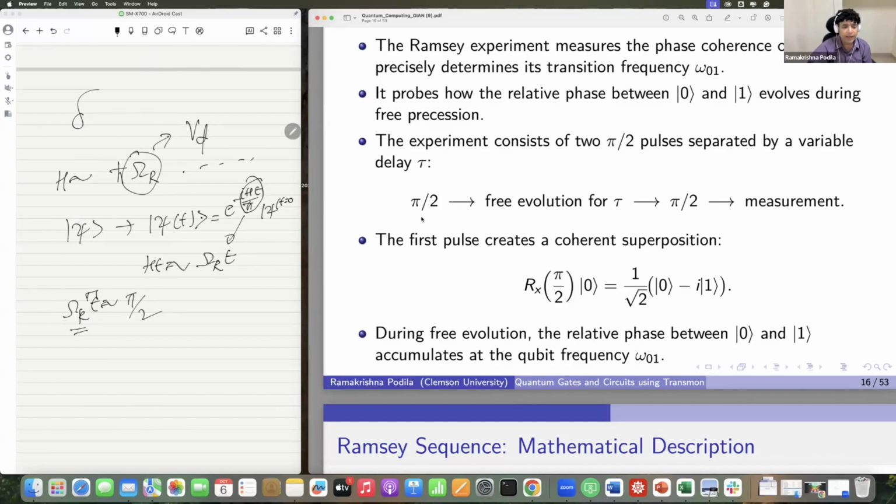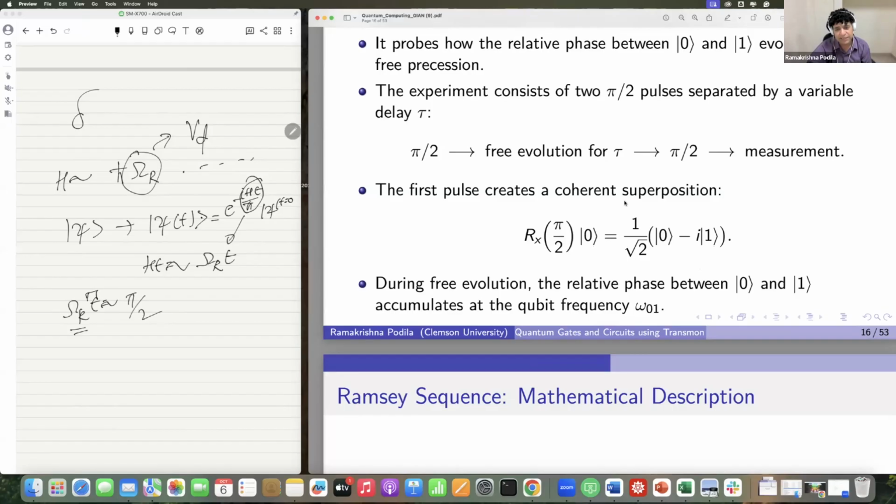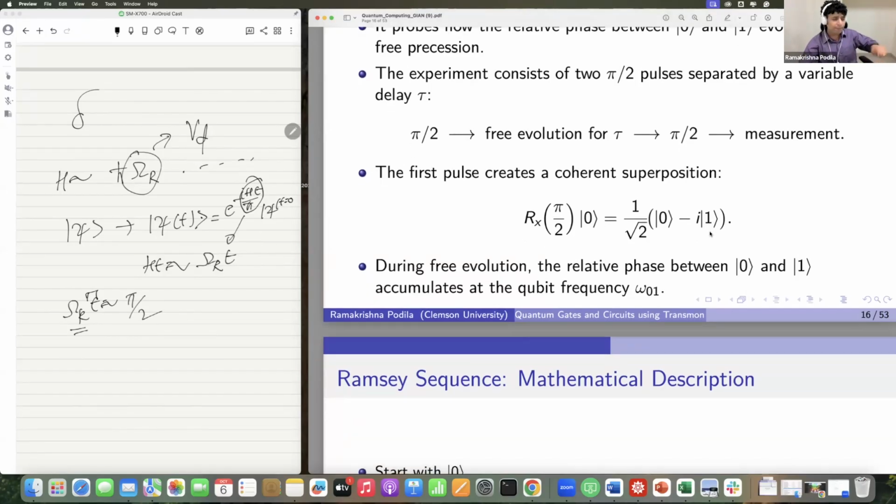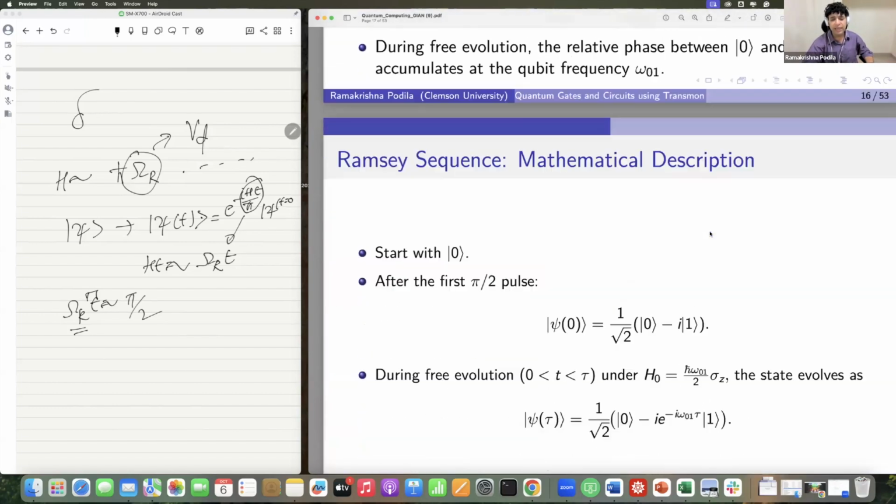So you apply it for that long, let it evolve freely, and then apply another pi/2 and measure. The first pulse gives you a coherent superposition between 0 and 1. If you apply a perturbation, it's going to excite it from 0 to 1. But during the free evolution, the first state is going to decay.